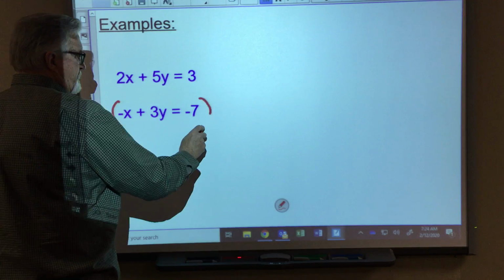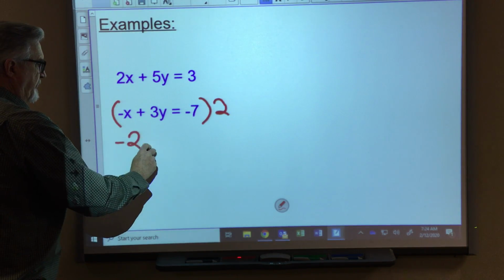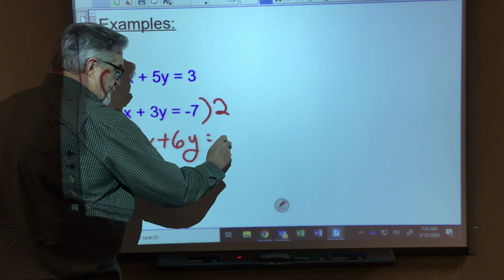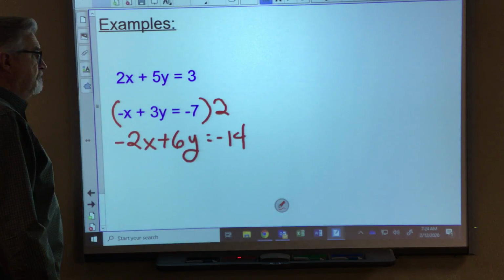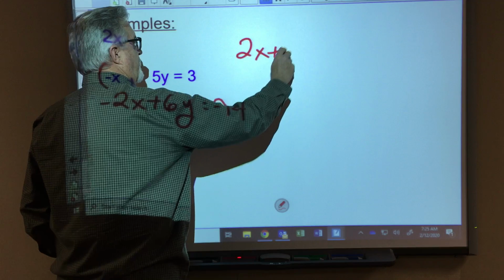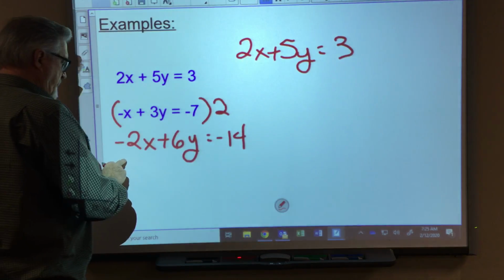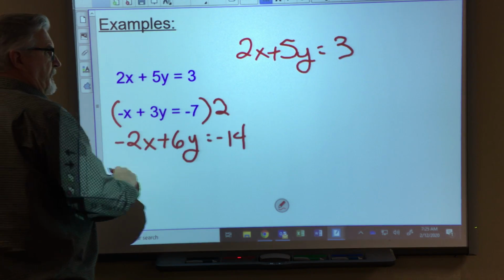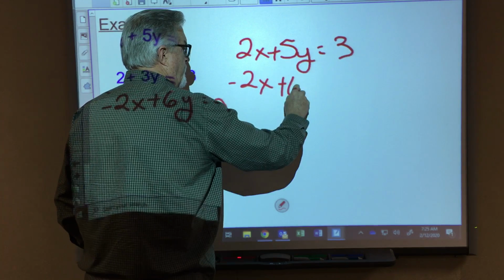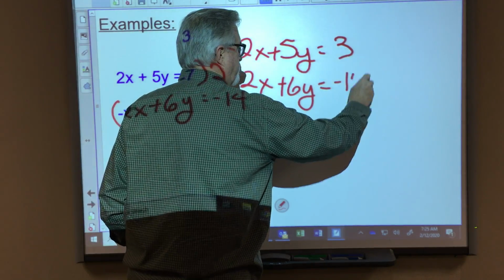So I'm going to multiply this whole thing by a positive 2, which will result in negative 2x plus 6y is equal to negative 14. Let's go ahead and line these up, which would be 2x plus 5y is equal to 3. And the equation that we just multiplied by 2 would be negative 2x plus 6y is equal to negative 14.